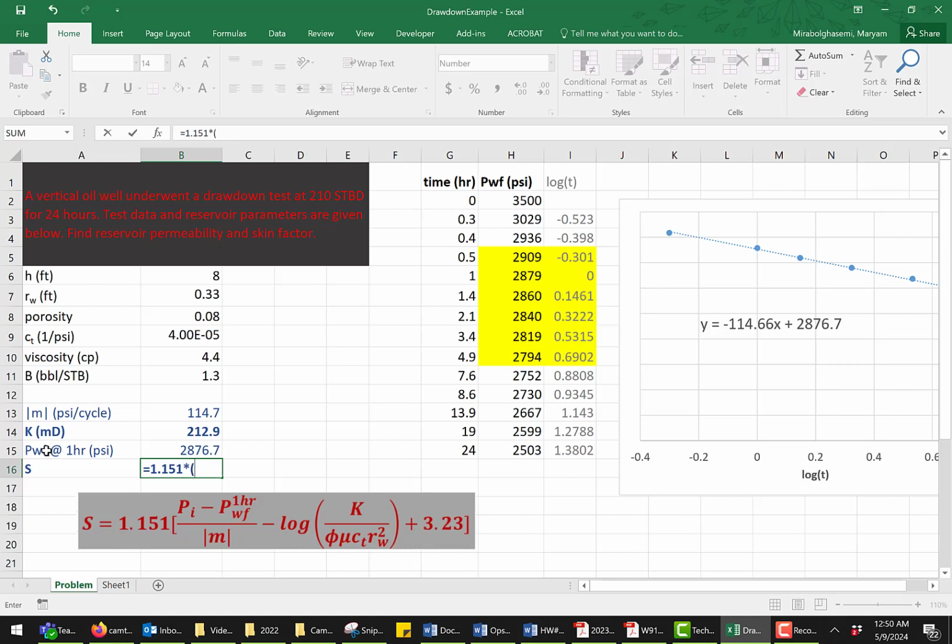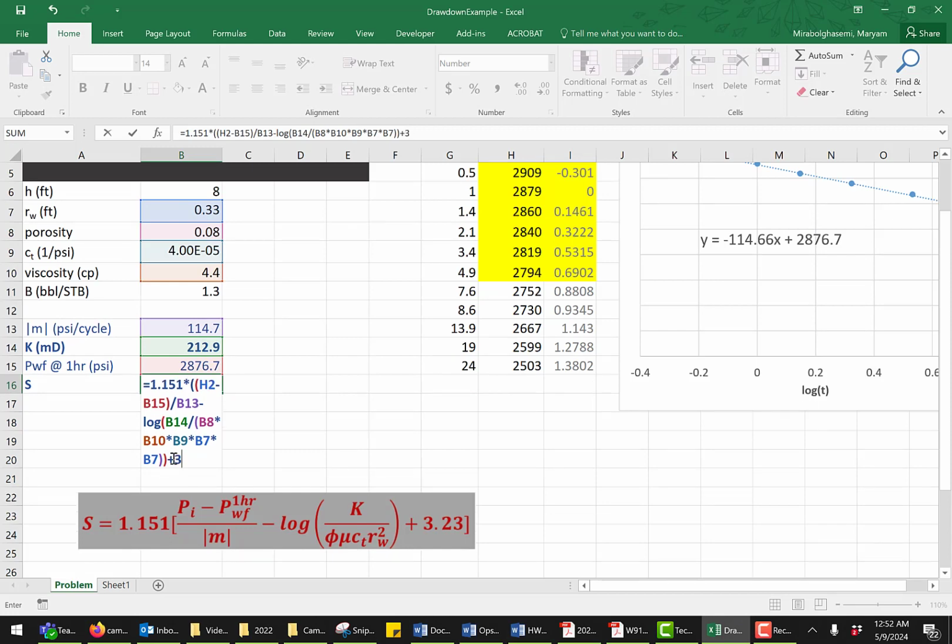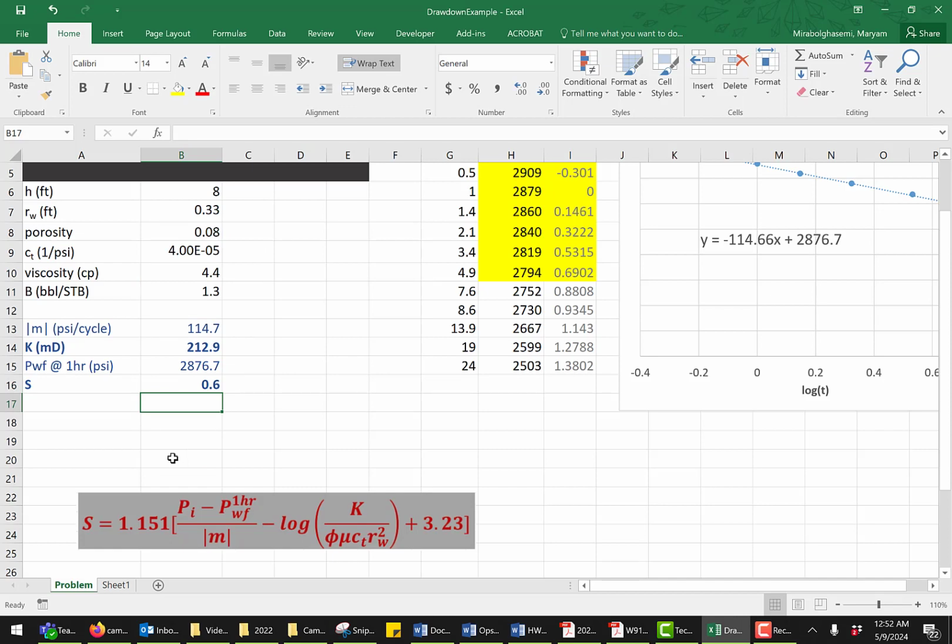Times Pi minus Pwf at 1 hour over absolute value of the slope, minus log of k over porosity times viscosity times compressibility times rw squared, plus 3.23. So our skin value is 0.6.